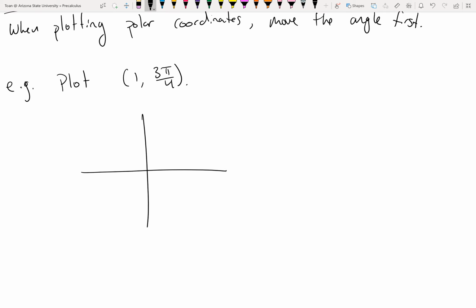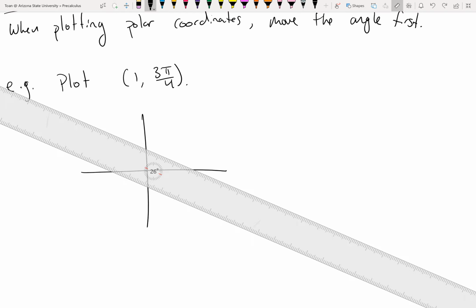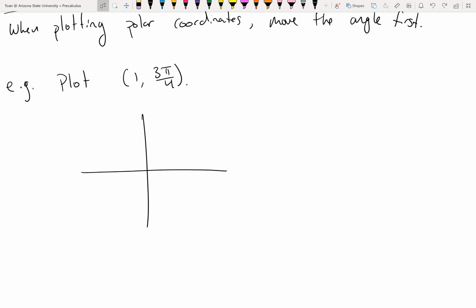So this says this point is 1 unit away from the origin, rotated at 3π/4 radians. I'm actually going to rotate 3π/4 first. Now, I'm not going to say break out a protractor. If this was like the SATs or the ACT, something very, very strict and picky, go ahead and break out a protractor and measure. As long as you're in the right quadrant and it's not too obviously wrong, I'll go ahead and give you full credit. Just label everything.